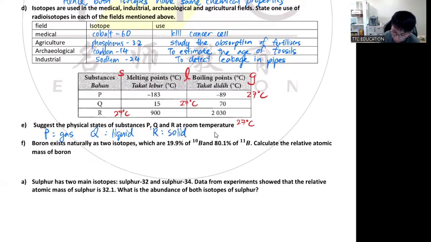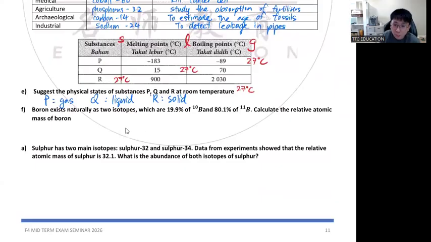Okay, then boron exists as natural isotopes, which are 19.9% and 80.1% of boron-10 and boron-11. Calculate the relative atomic mass of boron. So we're going to find the relative atomic mass, which is the average of the boron. How do you find the average?